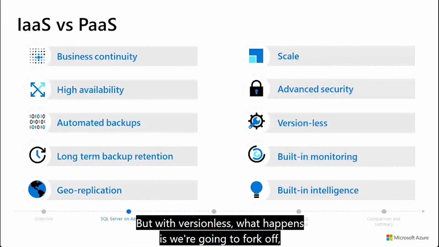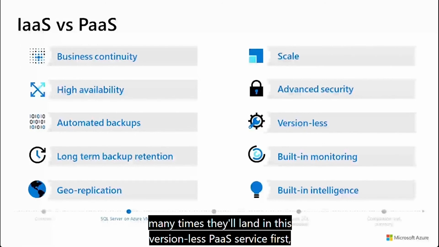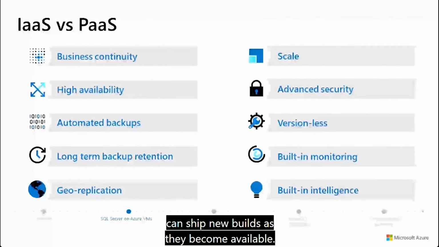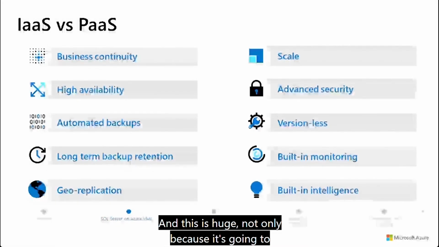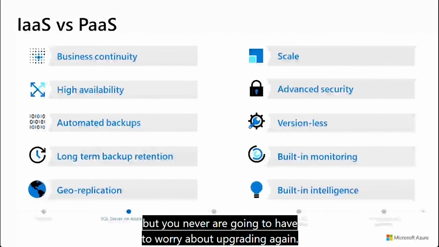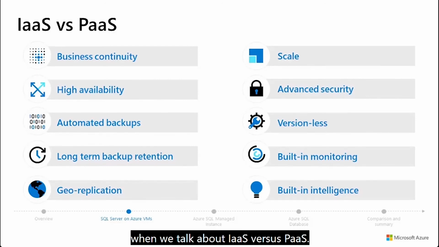But with versionless, what happens is we're going to fork off, and as we create new things and new capabilities in Azure SQL, many times they'll land in this versionless PaaS service first, because we don't release every year or so. We can ship new builds as they become available. And this is huge, not only because it's going to help you get the latest and greatest technology, but you never are going to have to worry about upgrading again.